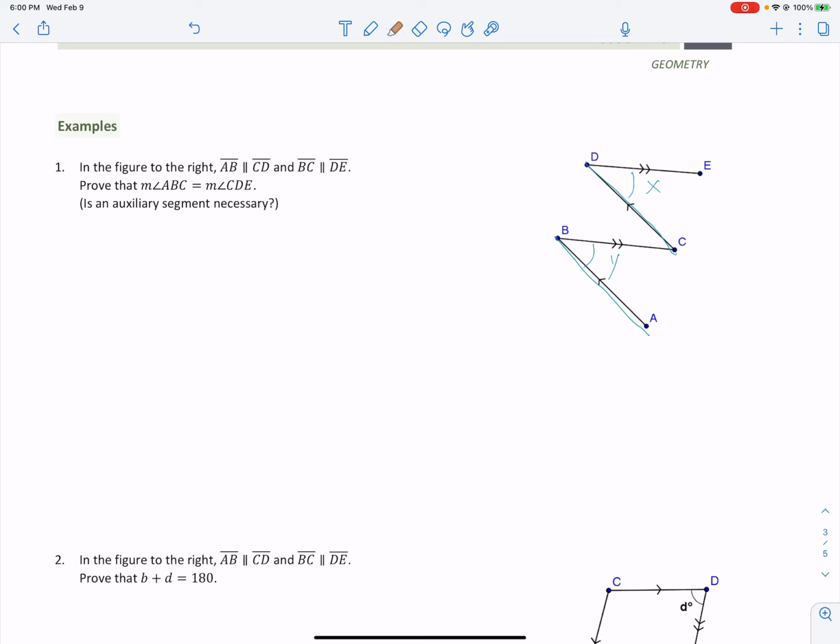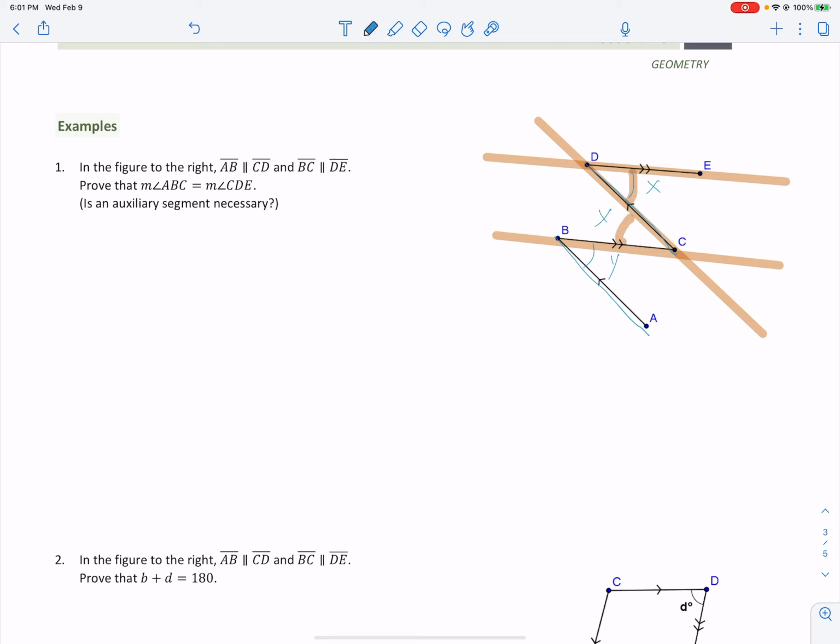So we want to kind of look at these individually. So let's look at this, and let's look at this. So notice I have a transversal right here. I have a transversal right there, which will tell me that this angle X and this are equivalent.